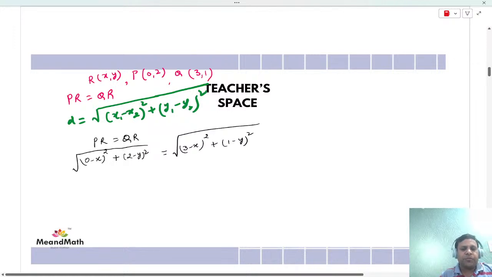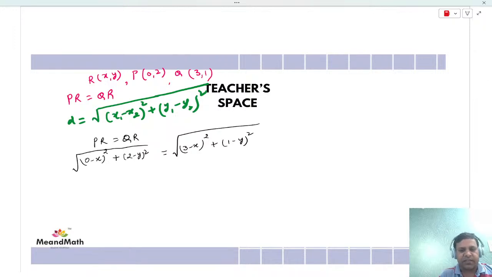I hope the solution is clear till now, and the steps are clear. I'm repeating again: the point which we have to find in the question is R, which we assumed as x comma y. P is given as 0 comma 2 and Q is given as 3 comma 1.